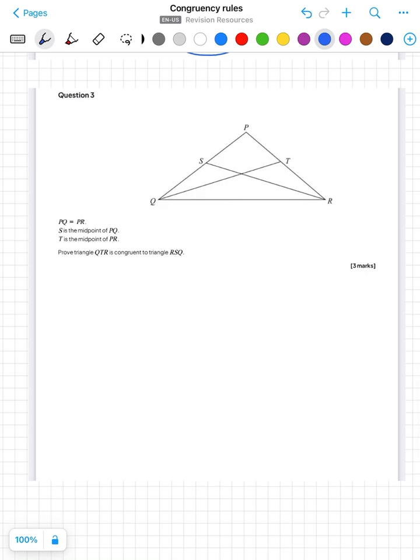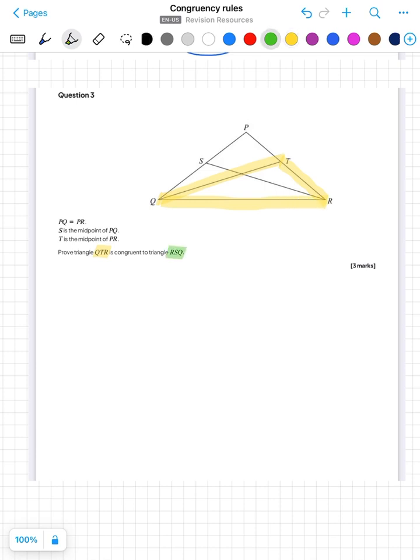PQ equals PR, and S is the midpoint of PQ and T is the midpoint of PR. Prove that triangle QTR is congruent to triangle RSQ.